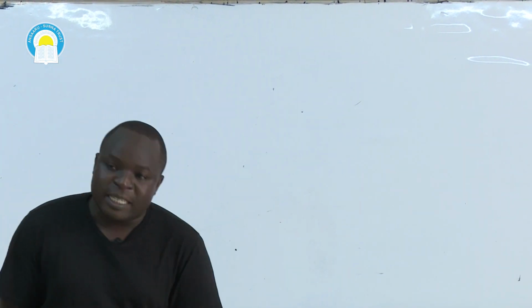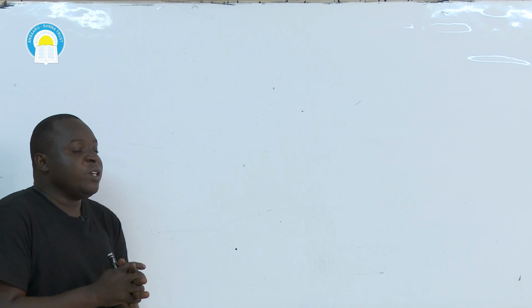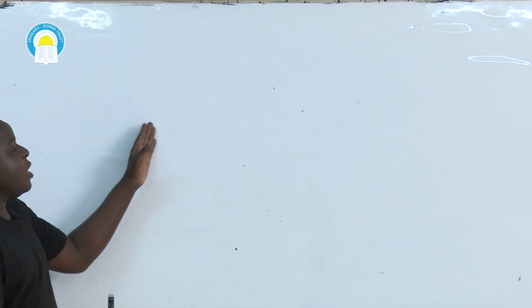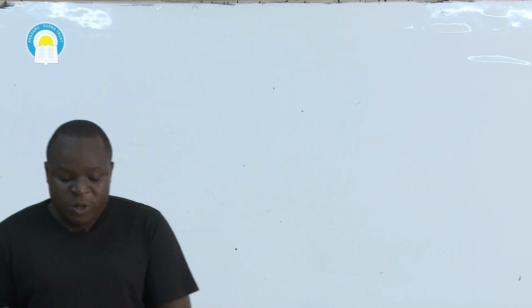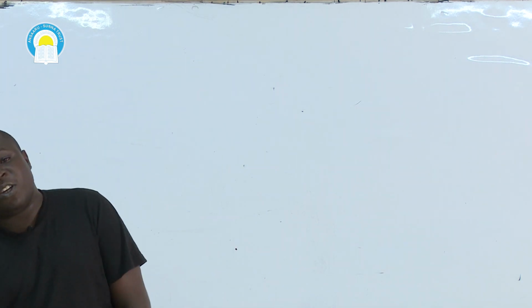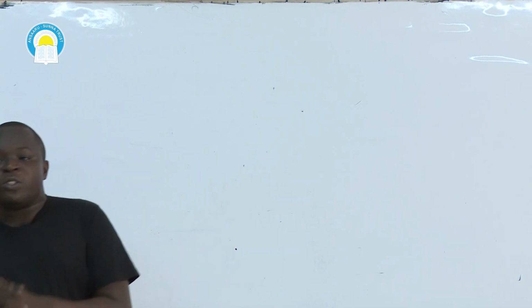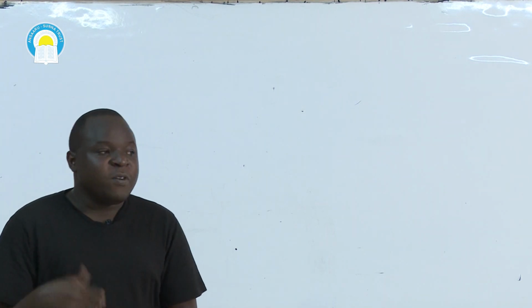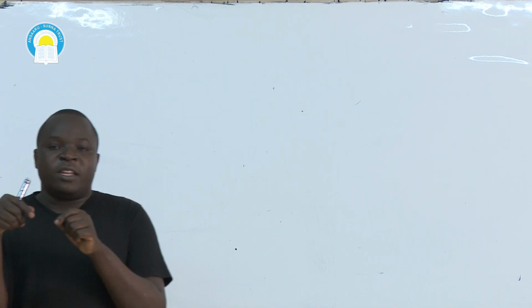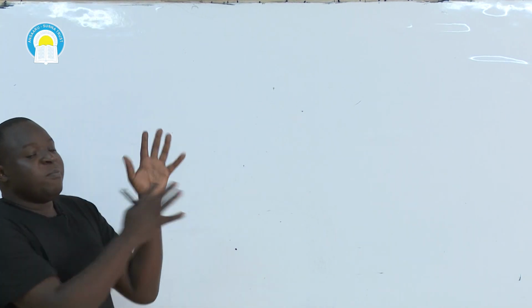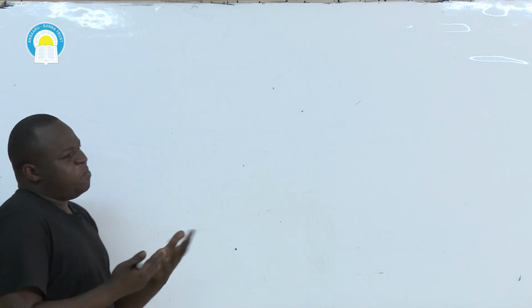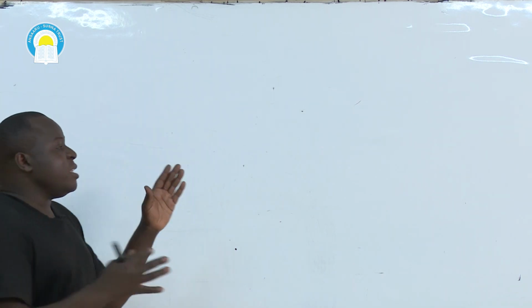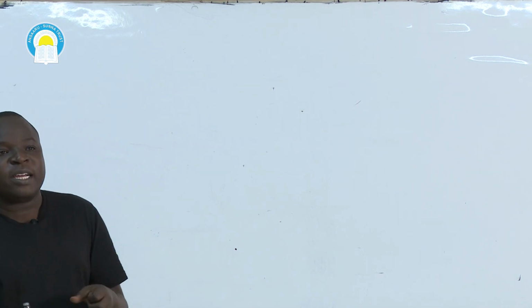So I'm about to start logarithmic equations, that is, solution of logarithmic equations. The difference between an equation and an expression is that for an equation, you solve to find the value of the unknown. For expressions, there is no equal sign, so you only simplify by either factorizing or expanding. Expanding is removing brackets.